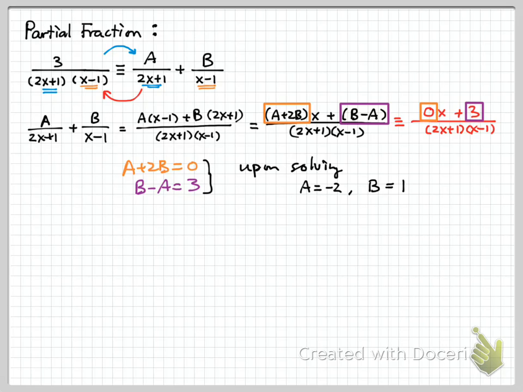So that we have the partial fraction expansion. 3 divided by 2x plus 1 times x minus 1 can be expanded into minus 2 over 2x plus 1 plus 1 over x minus 1. This is the result of the partial fraction expansion.